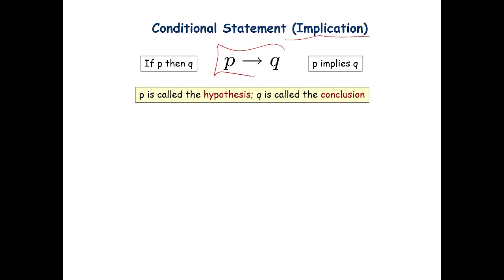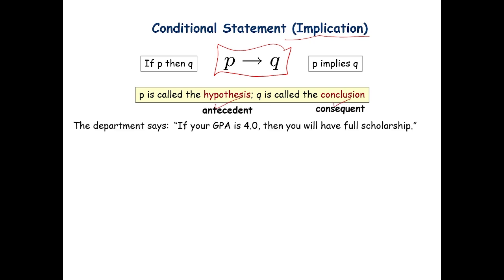If P, then Q. P is called the hypothesis, Q is called the conclusion. Some examples are: if your GPA is 4, then you will have a full scholarship.